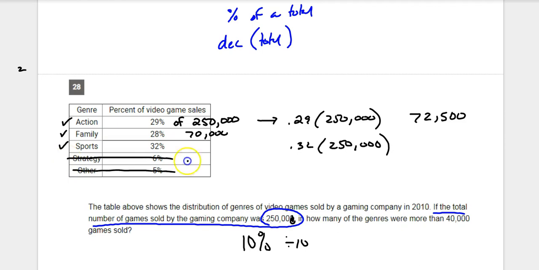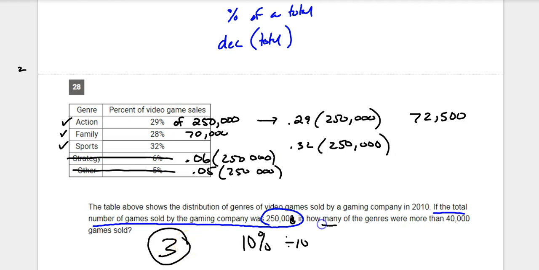If you really wanted to figure it out, you could do 0.06 times 250 grand and 0.05 times 250 grand. But you're going to find they're both under 40,000. So the correct answer to this is 3. How many of the genres were more than 40,000? There were 3 of them.